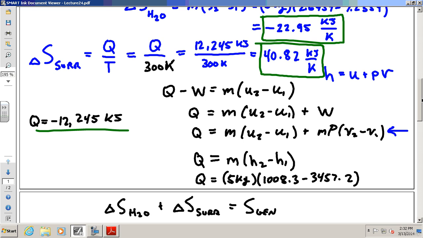In this case, you take 40.82, which is the surroundings, and subtract off the entropy change of the water, which is 22.95. You get 17.87 kilojoules per K. It's positive, which it should be, because you've always got some entropy produced, unless it's zero and it's a reversible process. That would be perfect, the best possible.